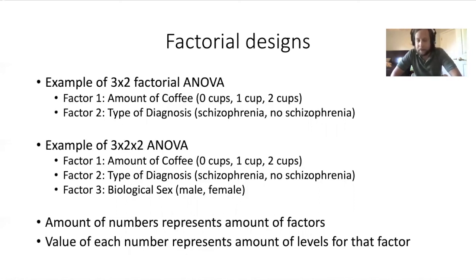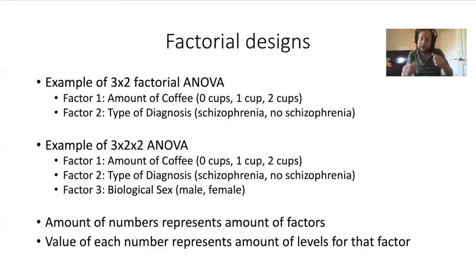What's much more common in psychology, and especially in neuroscience, which is what we're doing in this course, obviously, is factorial designs, where you have 2 or more factors. Especially in a cognitive neuroscience class, factorial designs are basically the norm, because cognitive neuroscience, by its name, implies that we're interested in the cognitive component and the neuroscience component.